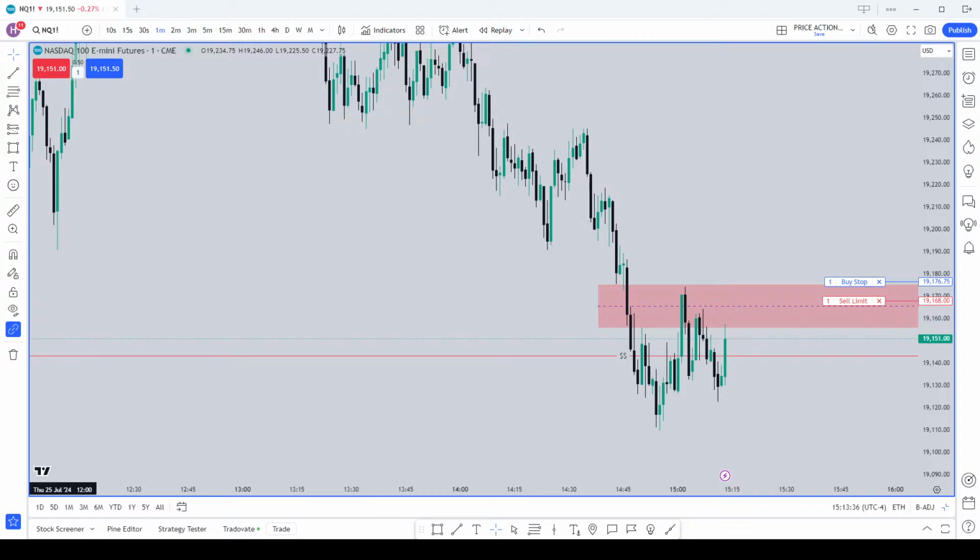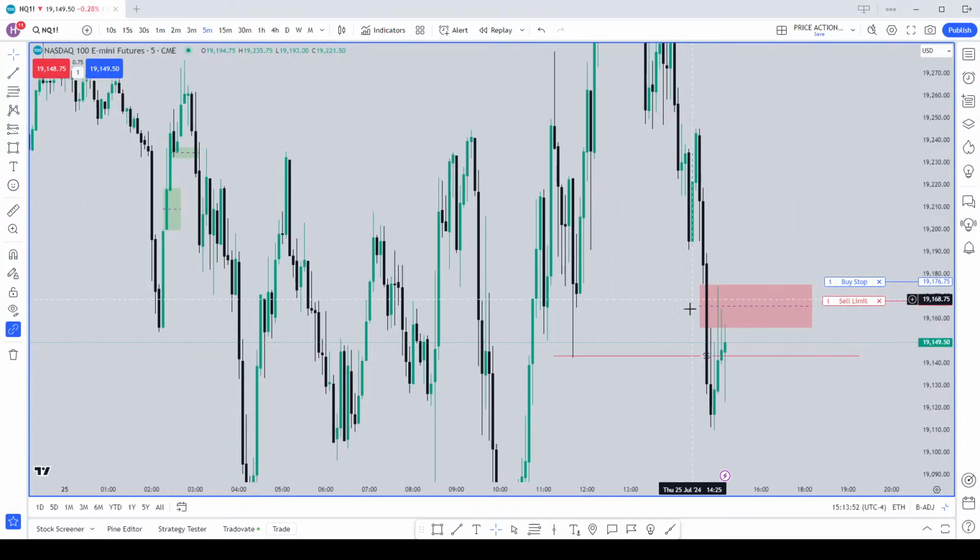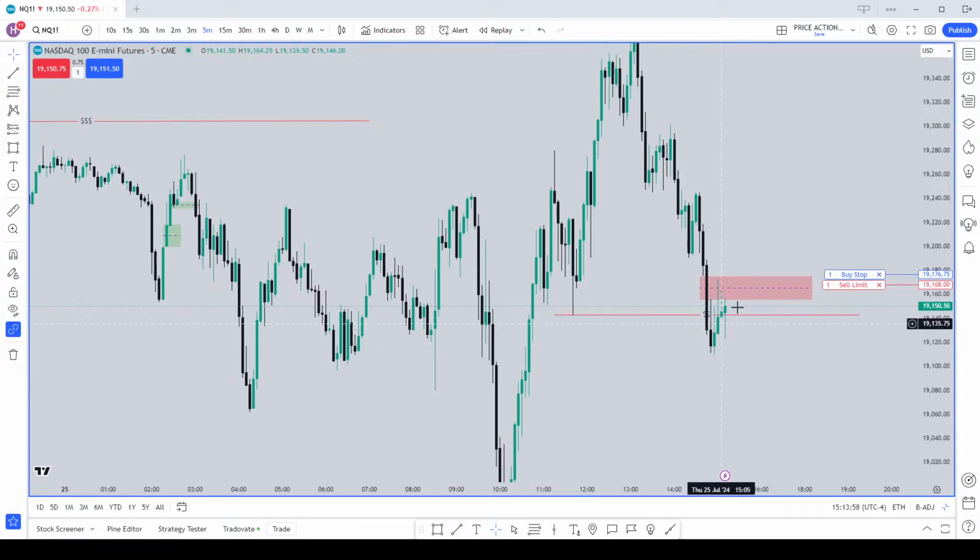It is coming up to our area of interest, but not exactly to where I want it to be, but it did tap this 5-minute imbalance right here. This is a 5-minute imbalance that I've marked out right over here. Look at all these wicks. The market is trying to choose a direction.